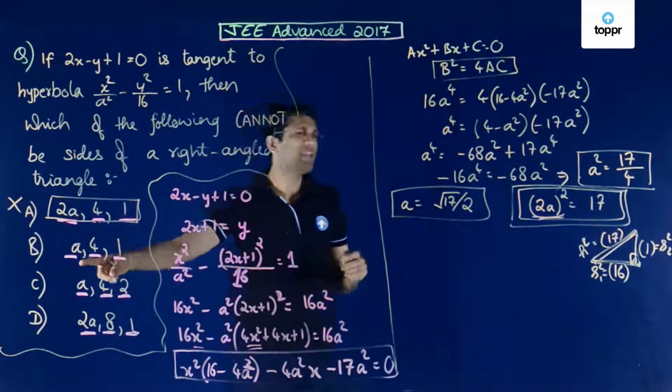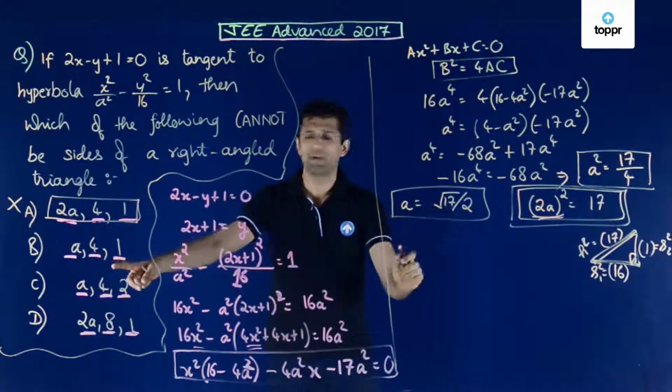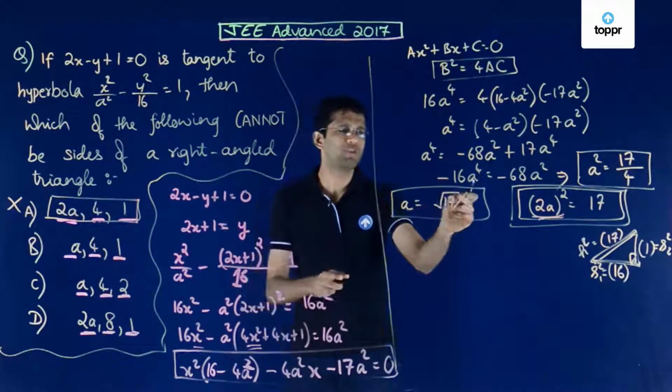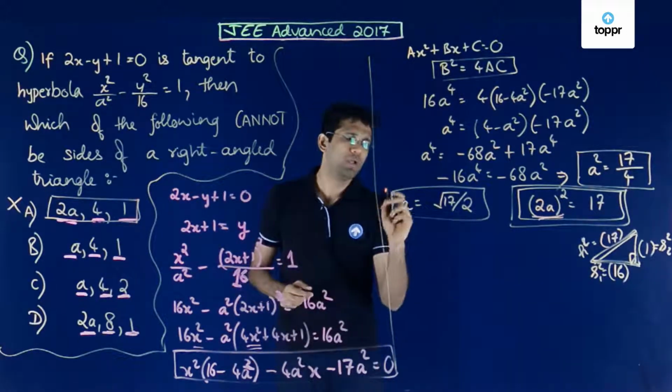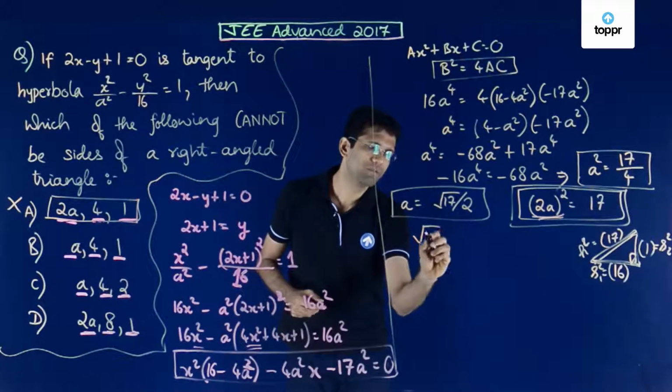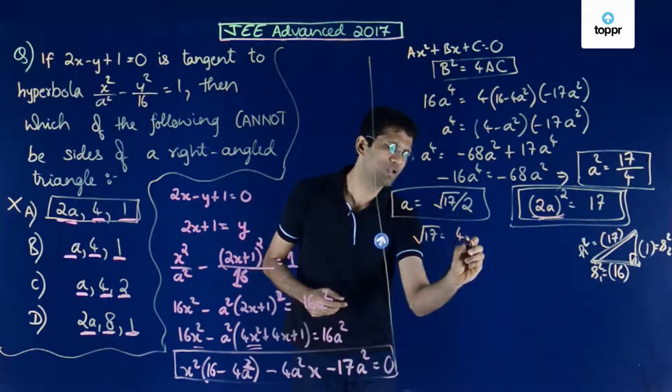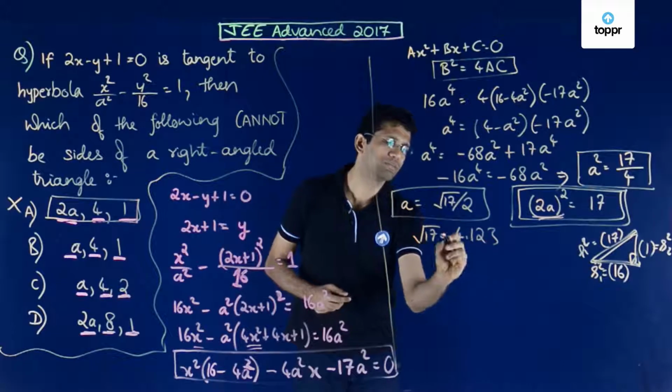Well, in option B, if you find out the value of a from here, you will get a is equal to under root of 17 by 2. Now, under root of 17 comes something close to 4.123.